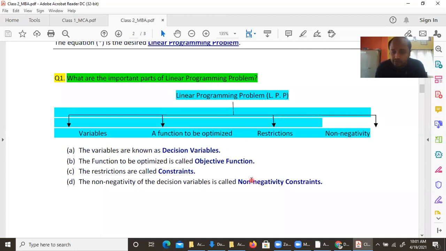And I have also mentioned over here what these different parts are known as. If at least one of these parts is missing, then your linear programming problem is not complete. It will be complete only if all the parts are present.